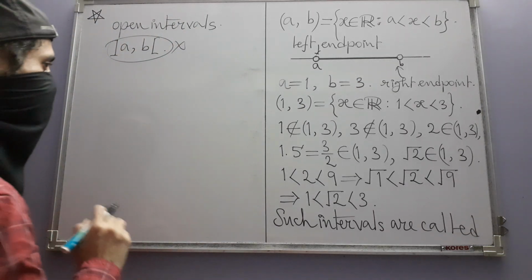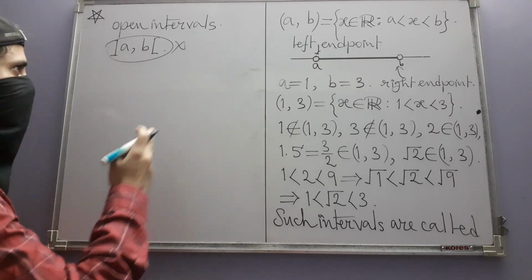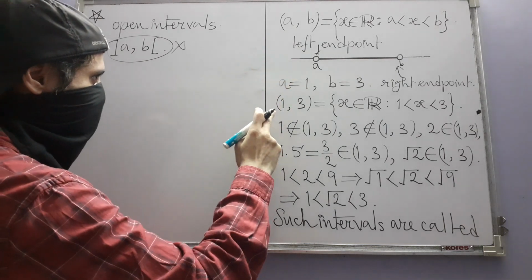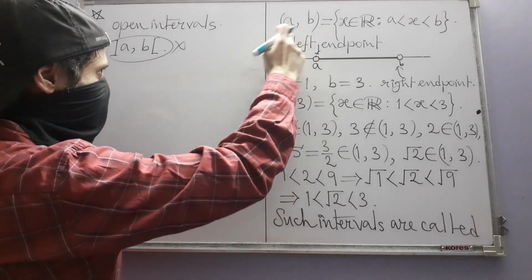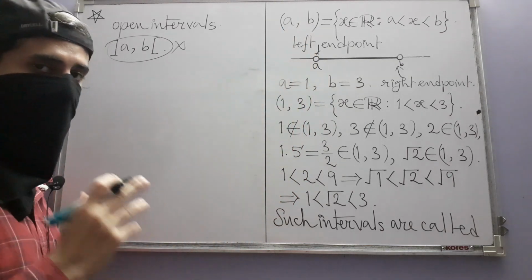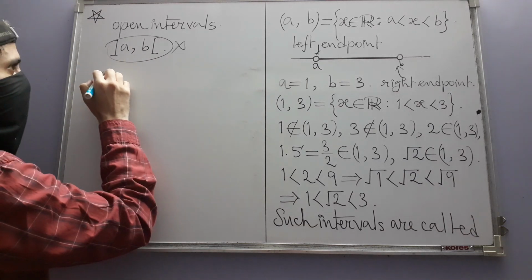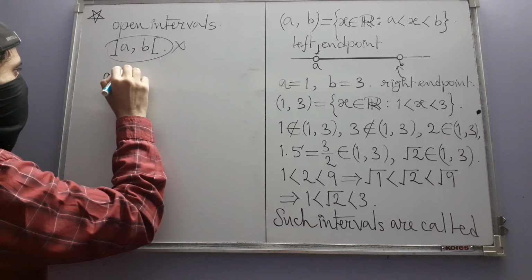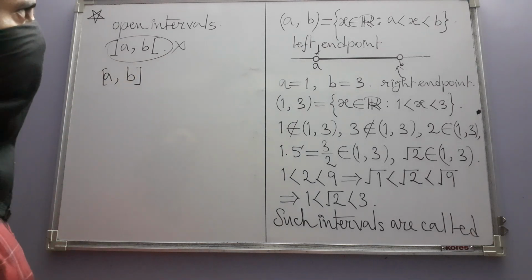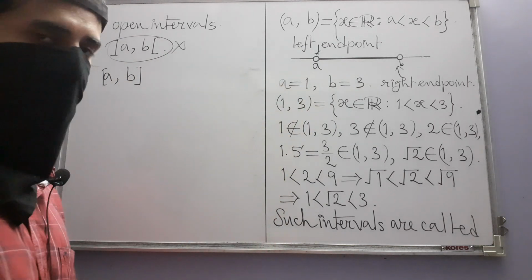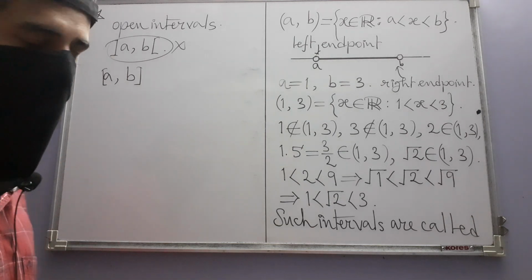Next comes another type of interval. Again, a set like that, but this time it will be different from this, in that something different will happen at the endpoints, at the boundary points. Instead of using parentheses or round brackets, now we are using square brackets.